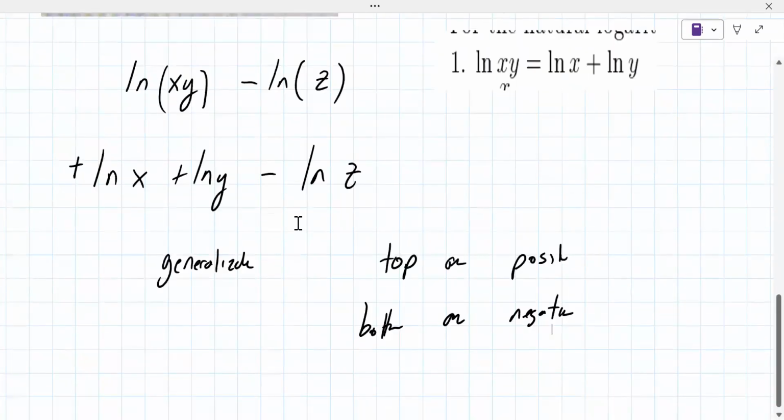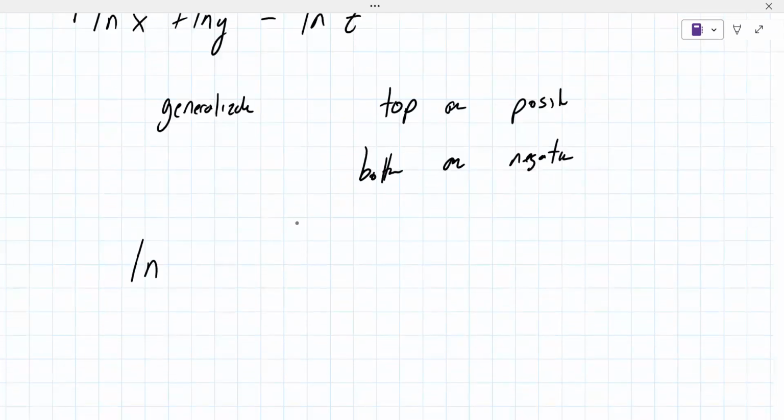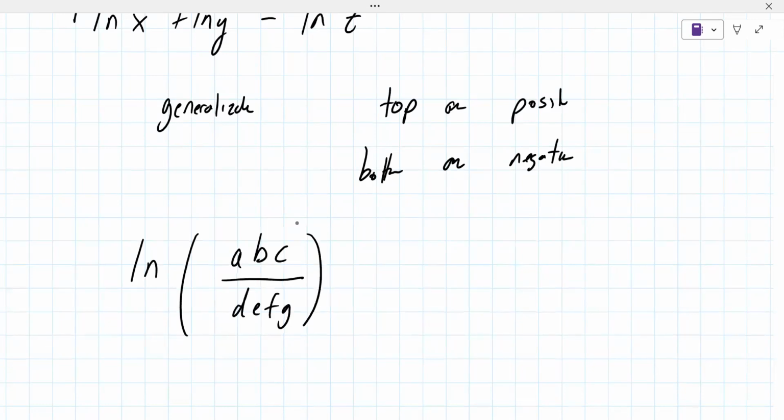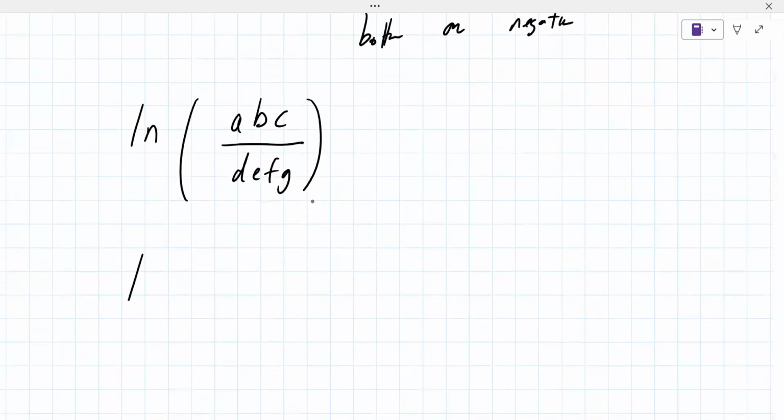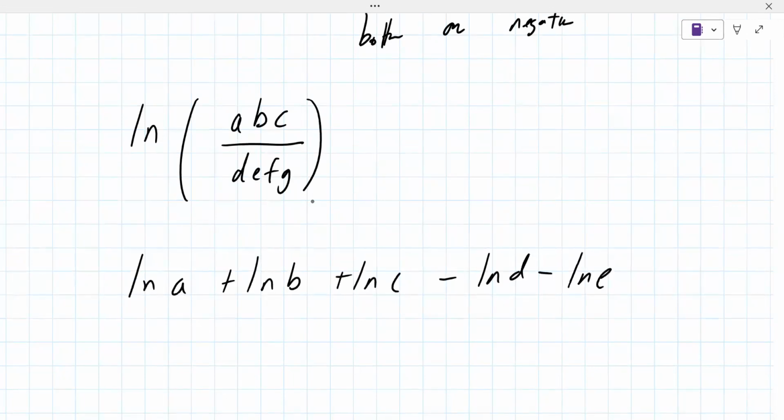Let's say I made something more complicated, like the natural log of a, b, c over d, e, f, g. If it's in the top, it's positive. So it's natural log of a plus the natural log of b plus the natural log of c minus the natural log of d minus the natural log of e minus the natural log of f minus the natural log of g.